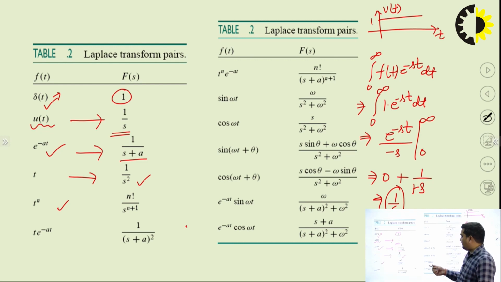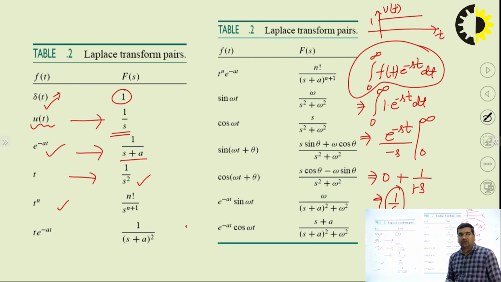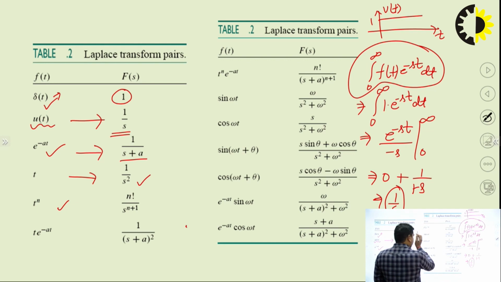We can get all the expressions by using this formula only. You just change the value of f(t), and with a little effort of integration, we will get the Laplace transform of that particular function. Some other important functions are there: t to the power n e to the power minus at has n factorial divided by s plus a to the power n plus 1.